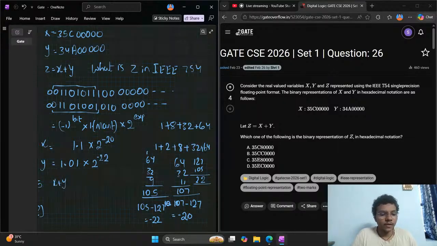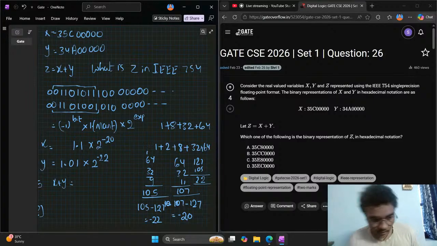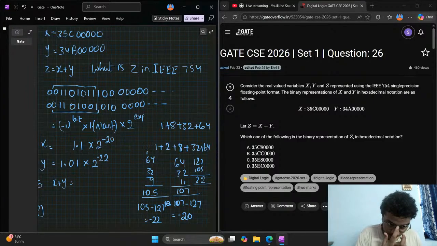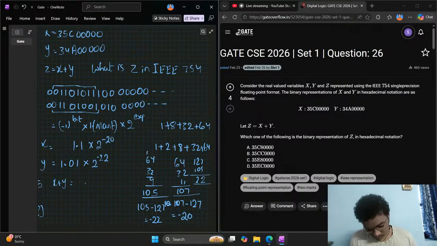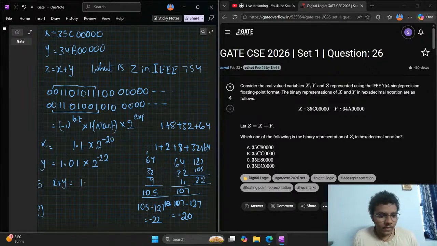So x plus y, you need to make the bases equal. Right. So which one is easier? Okay, you need to make the exponents smaller. So it will be 1.